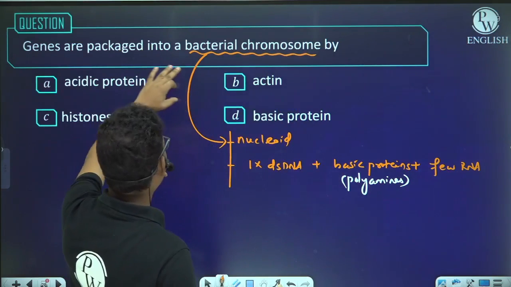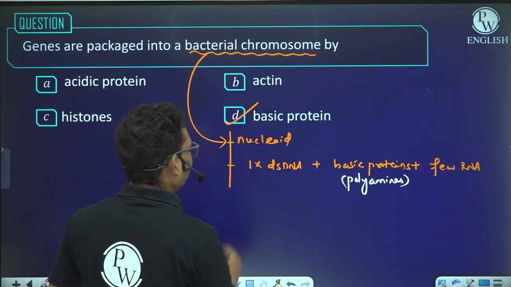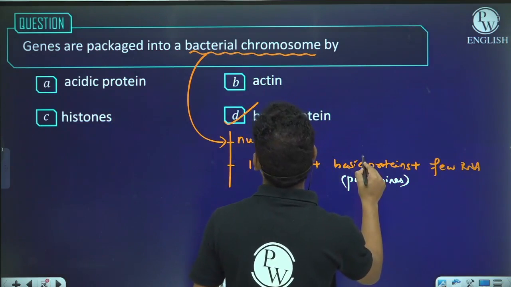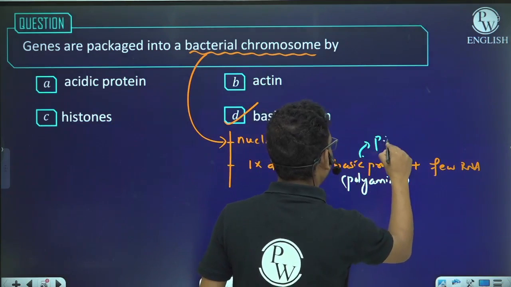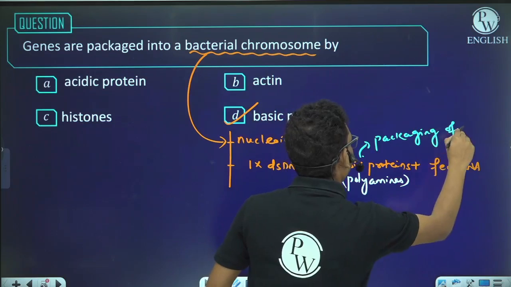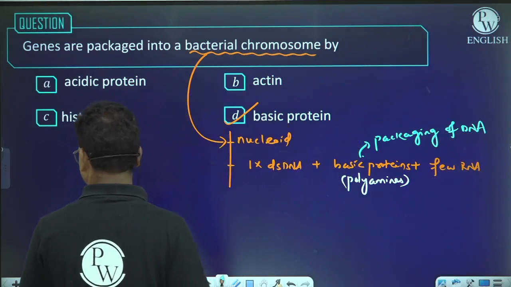For packaging of the bacterial chromosome, what is required? The basic proteins are required, because these basic proteins are meant for packaging of DNA. Okay, next.